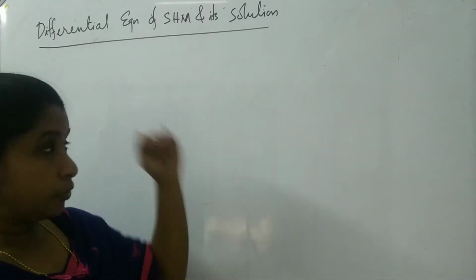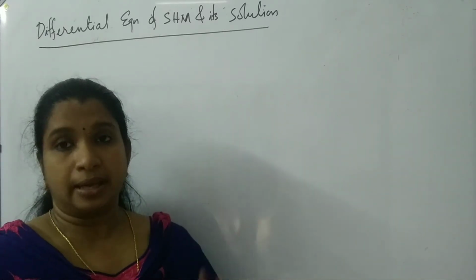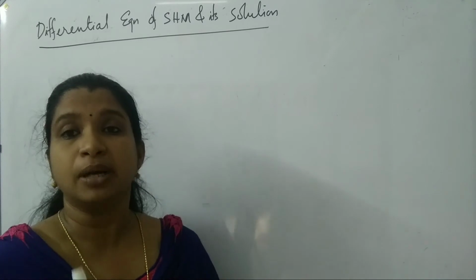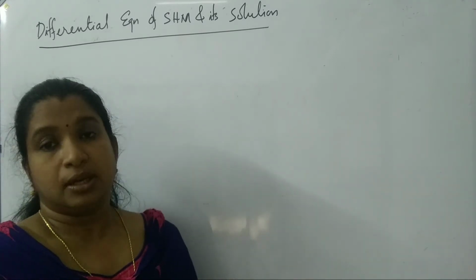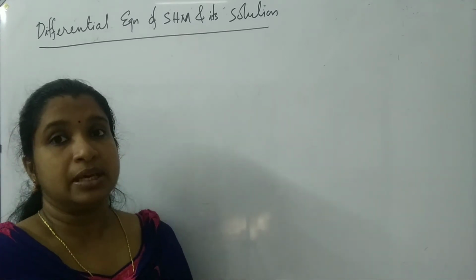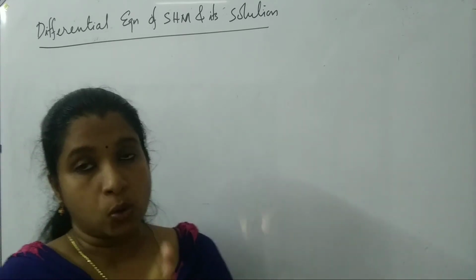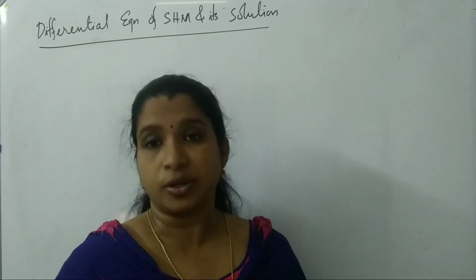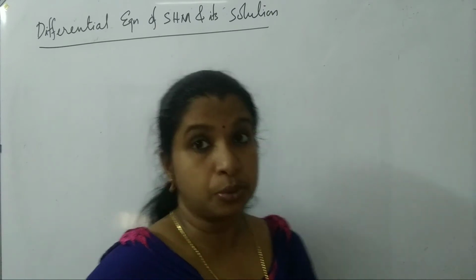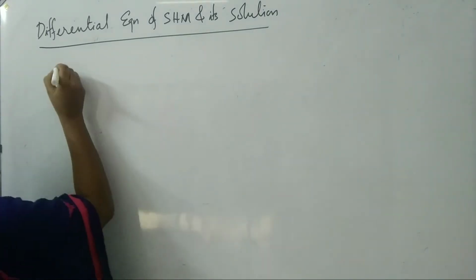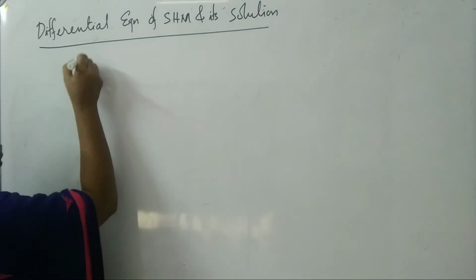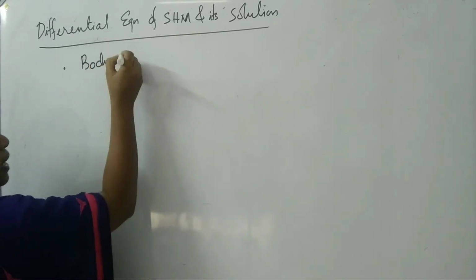For derivation, we have to consider a condition where simple harmonic motion occurs. Simple harmonic motion means if the motion begins, it oscillates continuously with constant amplitude. Those are the two conditions for simple harmonic motion. The first point is the body oscillates with constant amplitude.